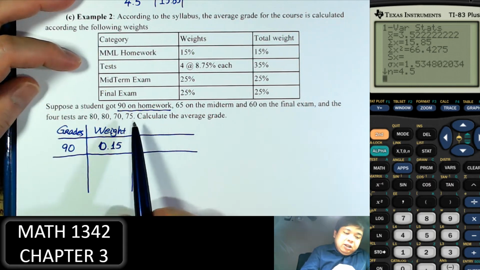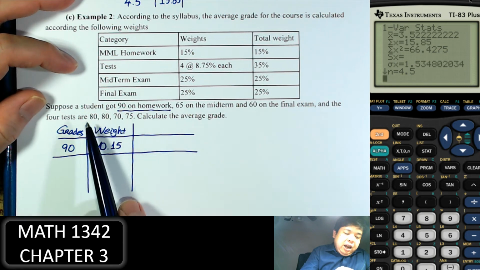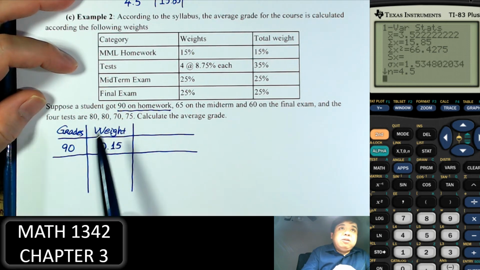Right. The 4 tests are 80, 80, 70, 75. Right.